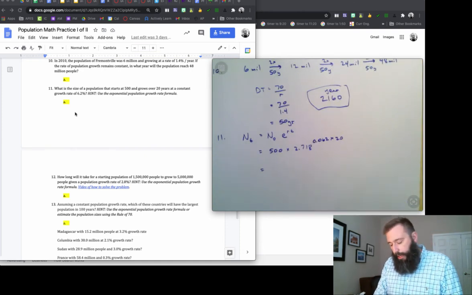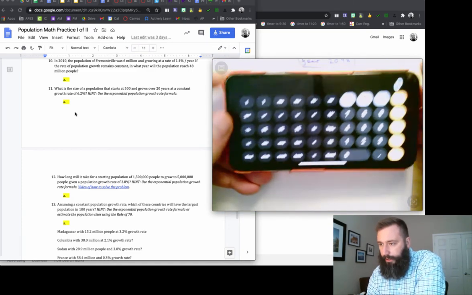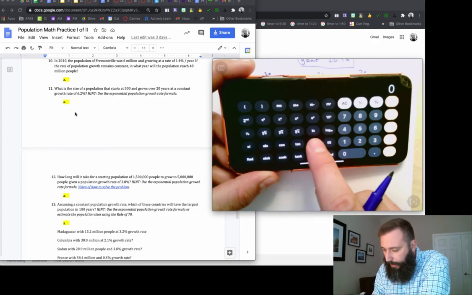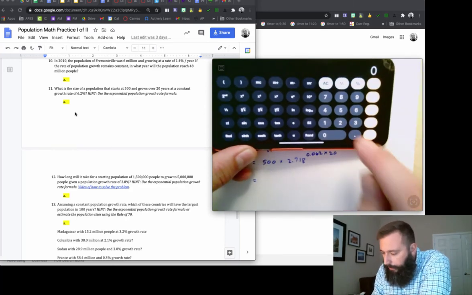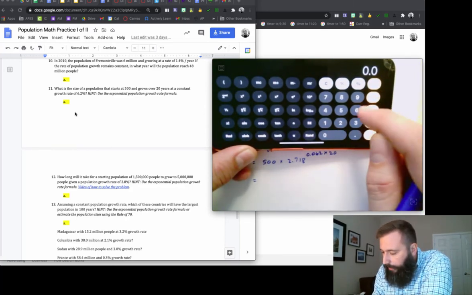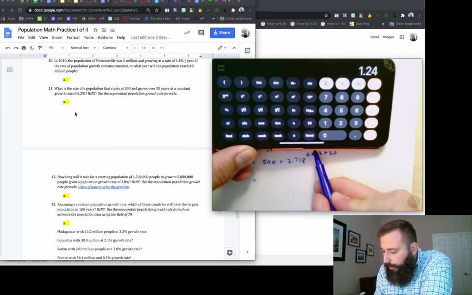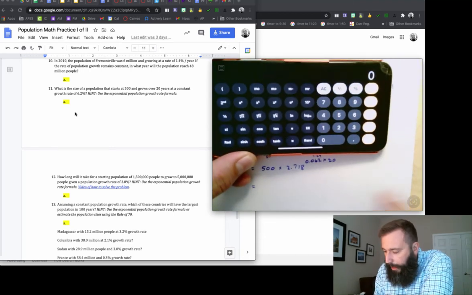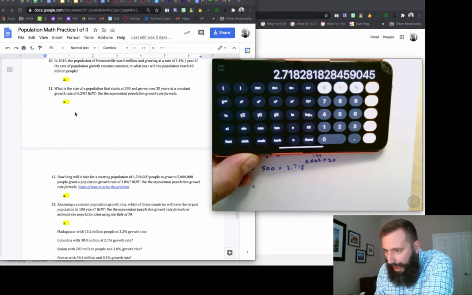So let's go ahead and do it. I am going to need a scientific calculator because I can pull up e pretty easily. If you see it right here in my iPhone calculator. Although I don't want to do that. I want to do this first. So let's say 0.062 times 20. So that's equal to 1.24. All right, I'll just put that there to help me remember. All right, so now we're going to bring e to the 1.24th power.